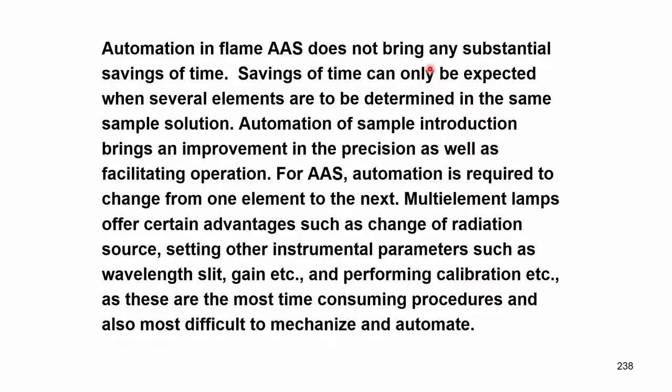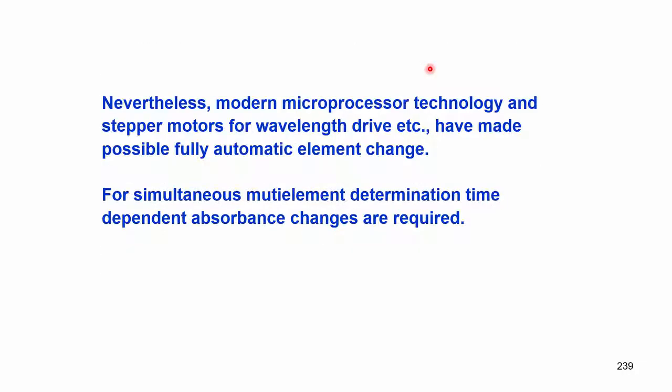Multi-element lamps are also available, we have already discussed it. Setting of other instrumental parameters can be done by computer, wavelength, etc., and performing calibration. This is done, and these things save time for the operator.